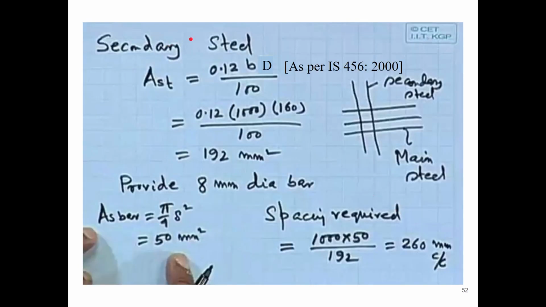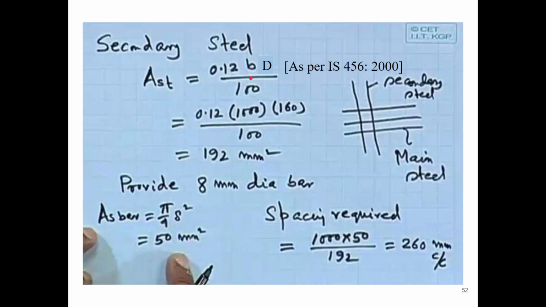Now if you see the secondary steel, this is the minimum as per the IS 456 clause. As per IS 456, if you remember, in case of a beam the minimum amount of area of steel required is as per the condition Ast by BD equal to 0.85 by Fy.